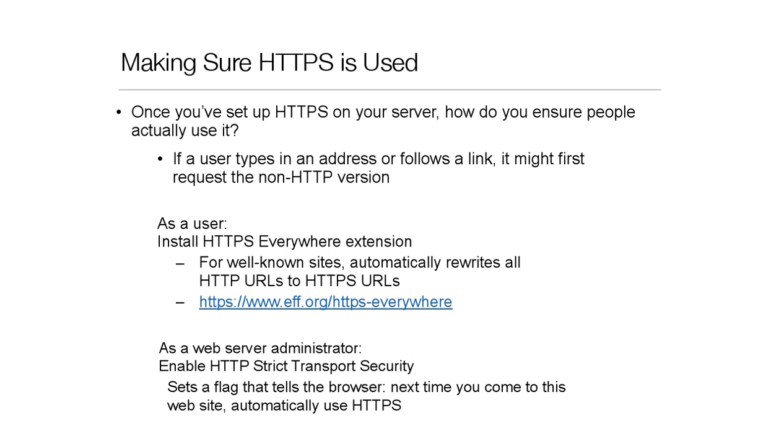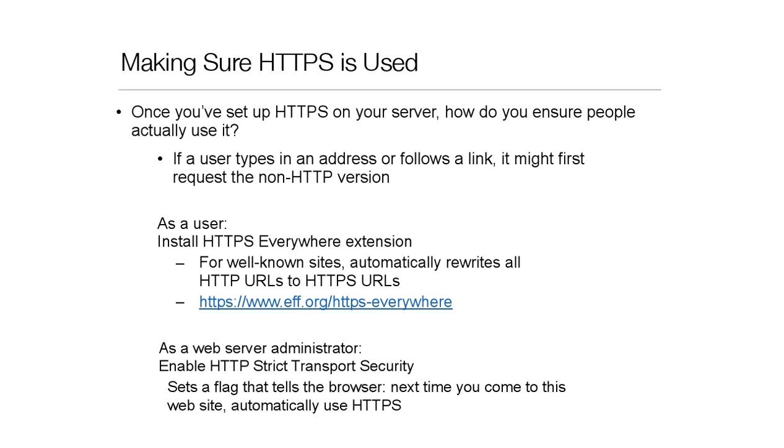If a user types in an address or follows a link, it might first request the non-HTTPS version. Sometimes if the client requests the non-HTTPS version, that will send the request to the server as plain HTTP, and the server will respond to those requests in the same non-secure way.